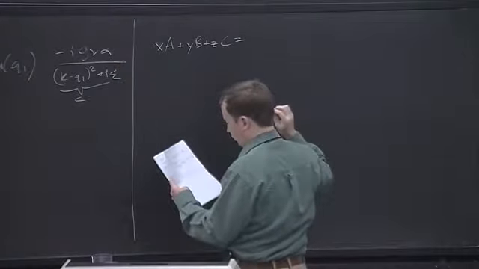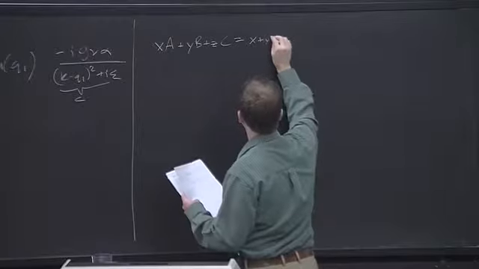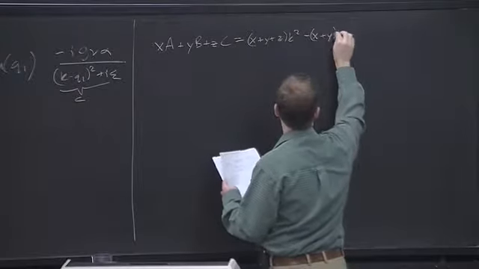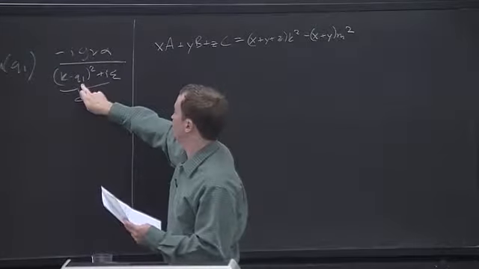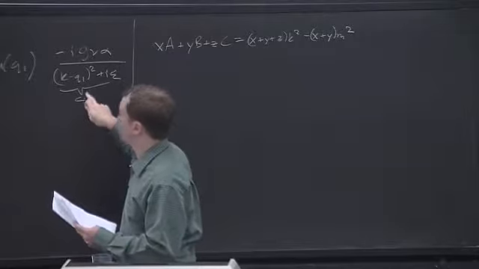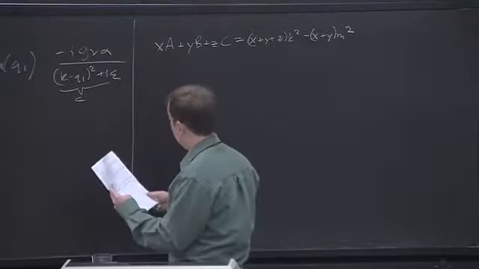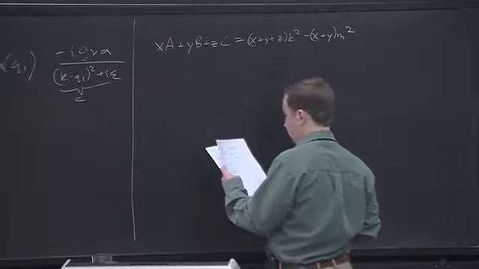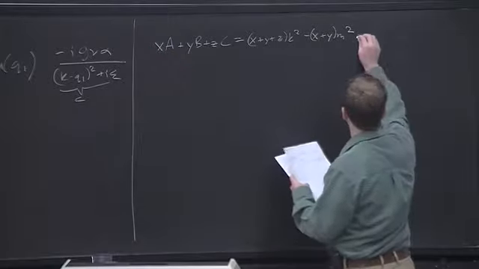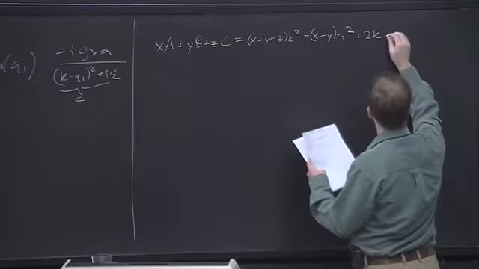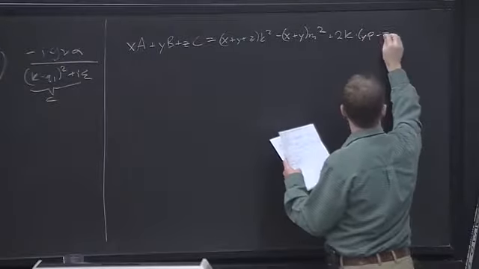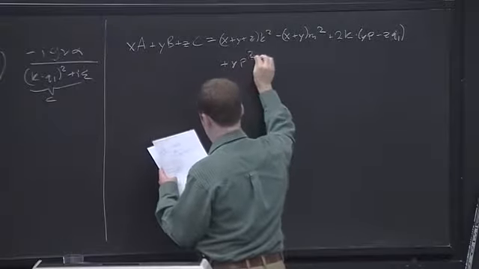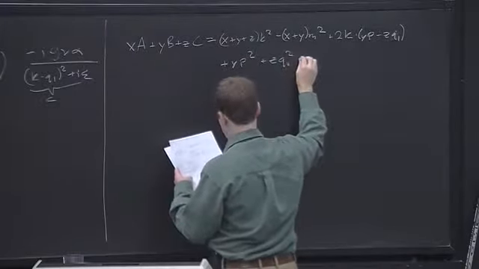What we find if we expand this out is (x plus y plus z) times k squared, and we get a minus (x plus y) m squared from the m in a and b. Then we get the linear terms that we want to get rid of, and we're left with some other terms here: y p squared, z q1 squared, and the iε.